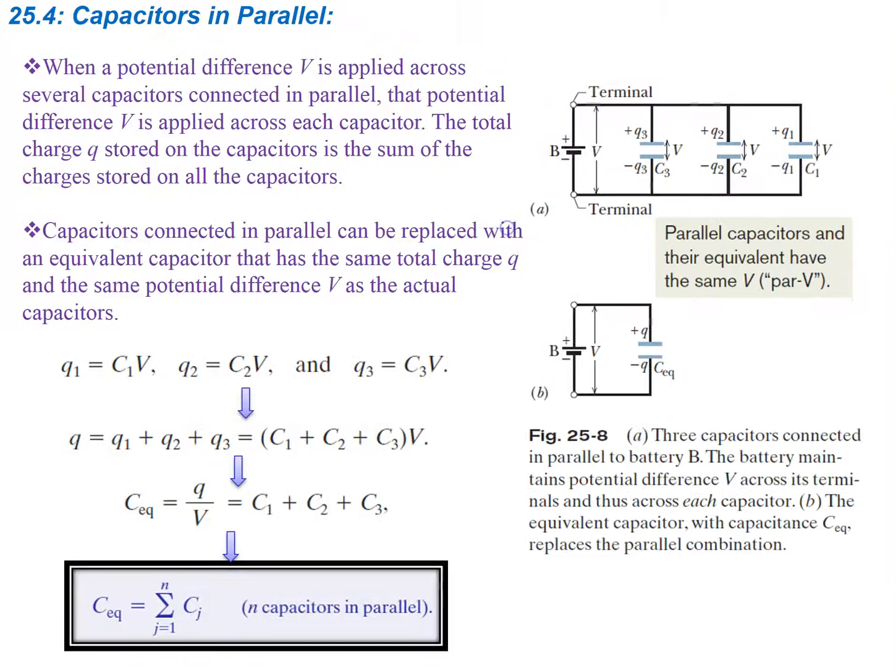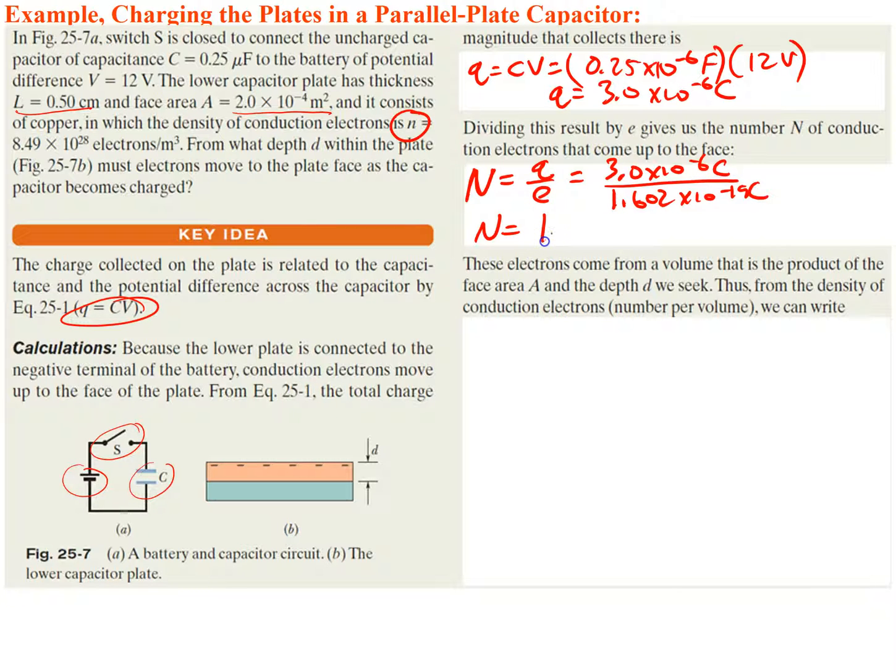This gives us a value of N that is 1.873 times 10 to the 13, and again, this is the number of electrons. These electrons come from a volume that is the product of the face area and the depth d that we're trying to seek.